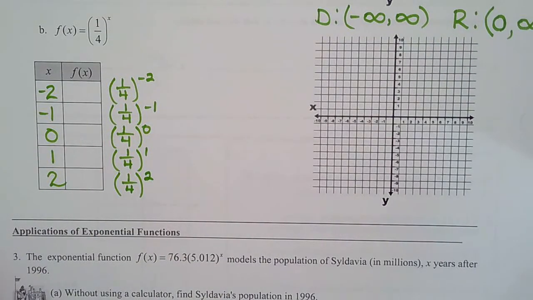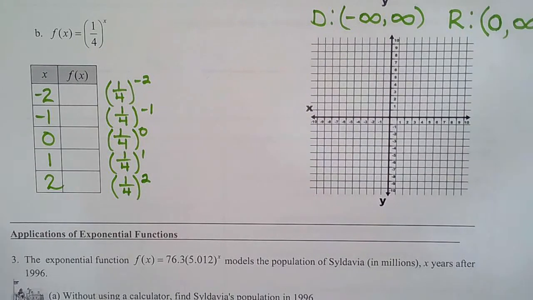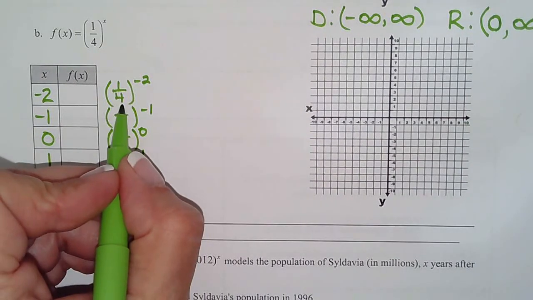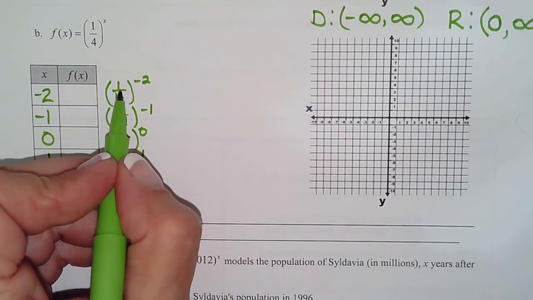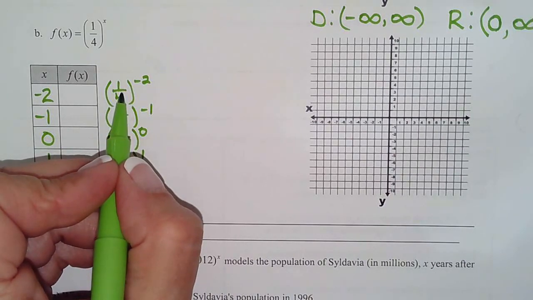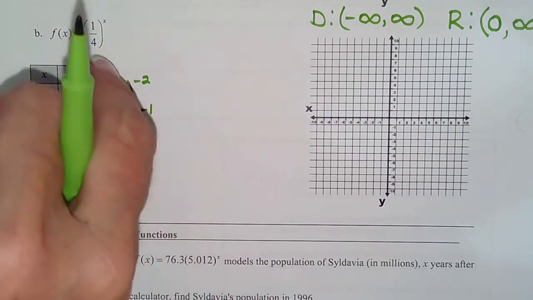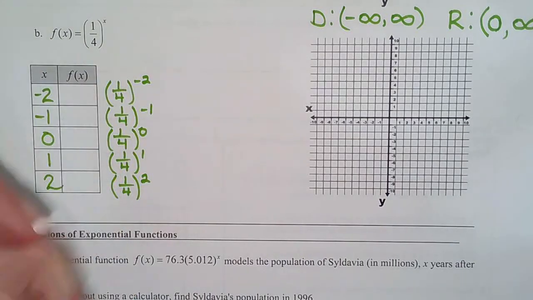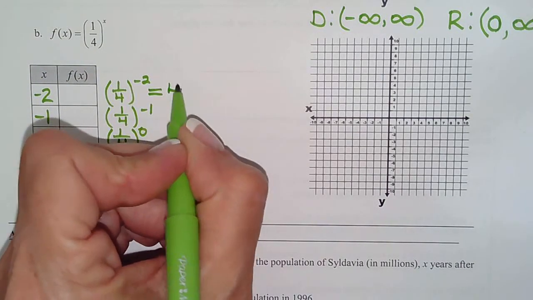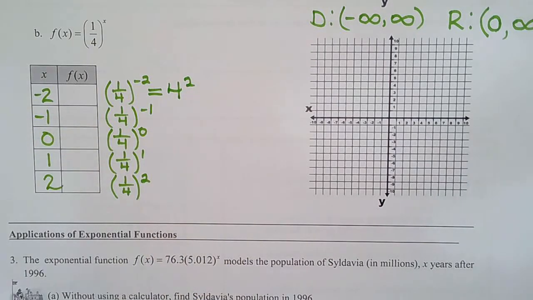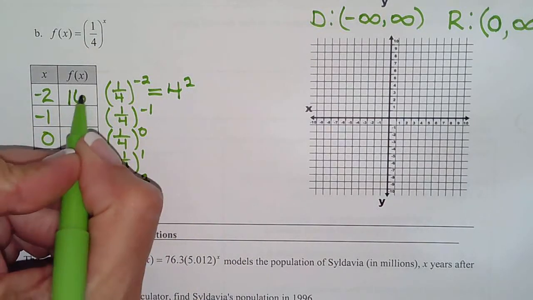Okay, so here's some more chapter 4 stuff. When we have a negative exponent, we put the base under 1, but if the base is already a fraction, we learned you just reciprocate it. So to make that exponent positive, the reciprocal of 1/4 is 4, so this is really just 4 squared, 16.